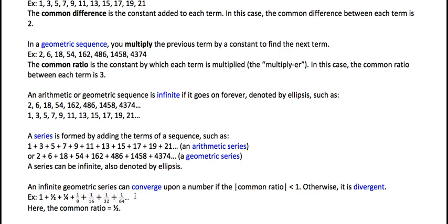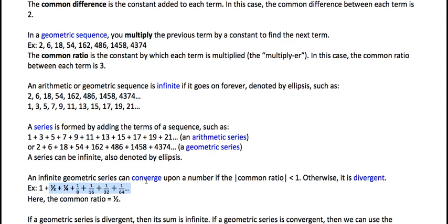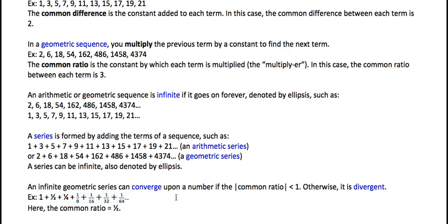So we would say here that this infinite geometric series, it has to be infinite, notice the 3 dots at the end, is converging to 1. And we can only say this if the absolute value of the common ratio is less than 1, meaning the number that we multiply by, the quote-unquote multiplier, has to be between -1 and 1, which is the case. It's a half.